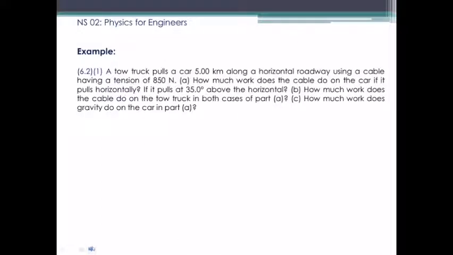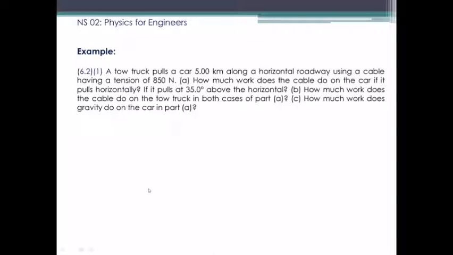Okay, let us have sample problem number 1. A tow truck pulls a car 5 kilometers along a horizontal roadway using a cable having a tension of 850 newtons. Letter A. How much work does the cable do on the car if it pulls horizontally, or if it pulls at 35 degrees above the horizontal?